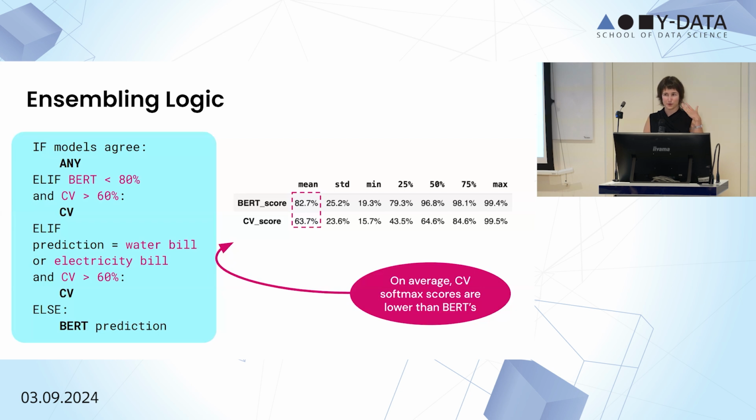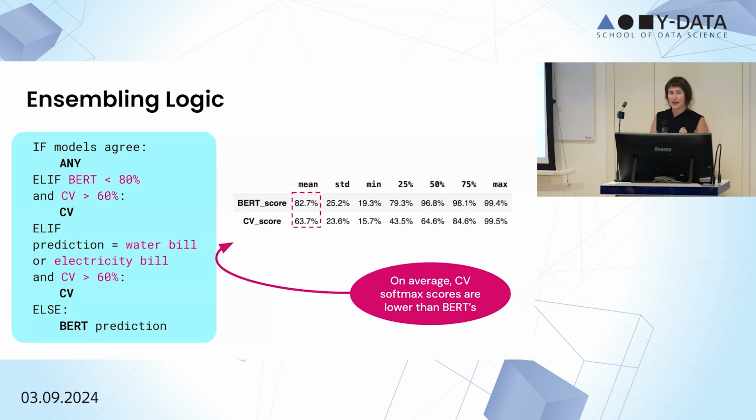and first of all, what I saw is that the softmax scores for the computer vision model were in general, on average, lower than for the BERT model. It means that even when the computer vision model gave the correct predictions, it was kind of not so sure about them. So this distribution helped me figure out which thresholds to take, and after that I created the following logic. If models agree, it's amazing, we don't need to choose.